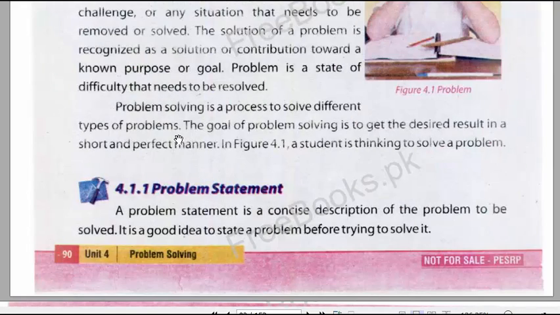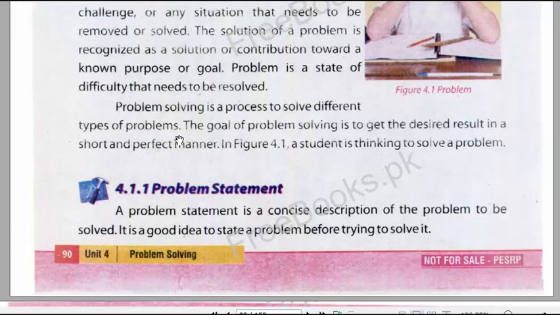Problem solving is a process to solve different types of problems. The goal of problem solving is to get the desired result in a short and perfect manner. Remember that problem solving is a process to solve different types of problems. The goal of problem solving is to get the required output that you have defined during your problem, that if the question is this, the answer will be this.